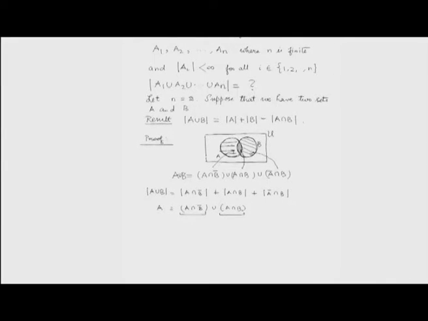Therefore, we will have cardinality of A equal to cardinality of A intersection B complement plus the cardinality of A intersection B.